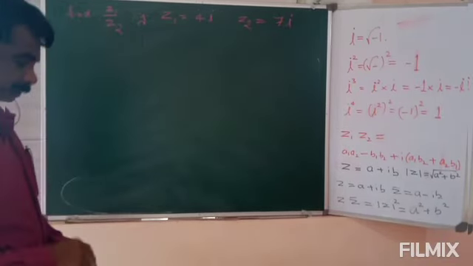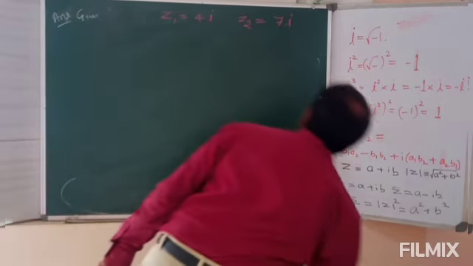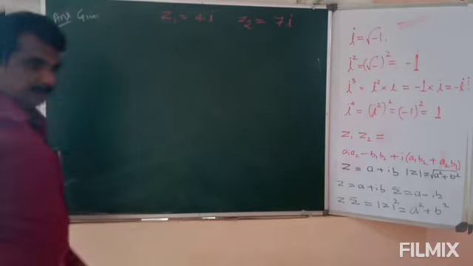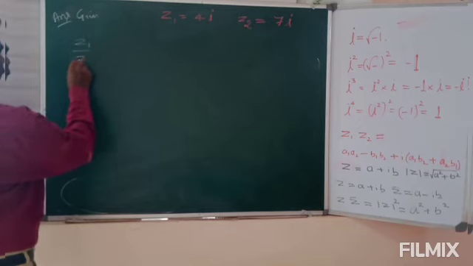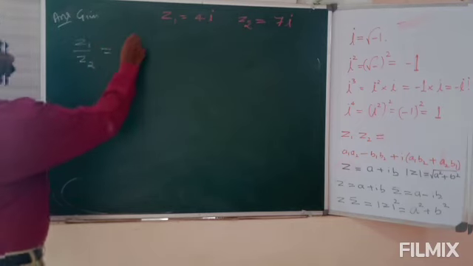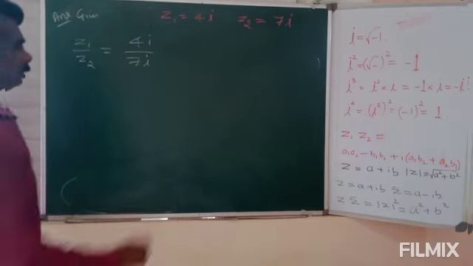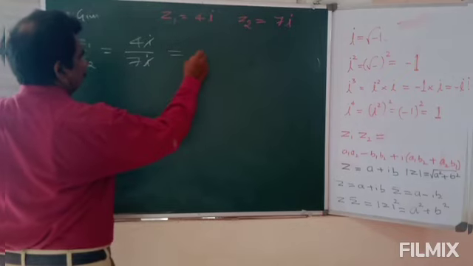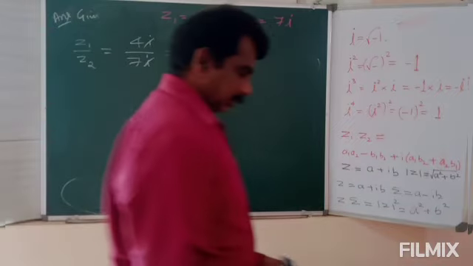Now answer. Given Z1 is equal to 4i, Z2 is equal to 7i. Z1 by Z2 is 4i by 7i. That is equal to what? I cancel. What happens? 4 by 7. That's all. Okay, no problem.